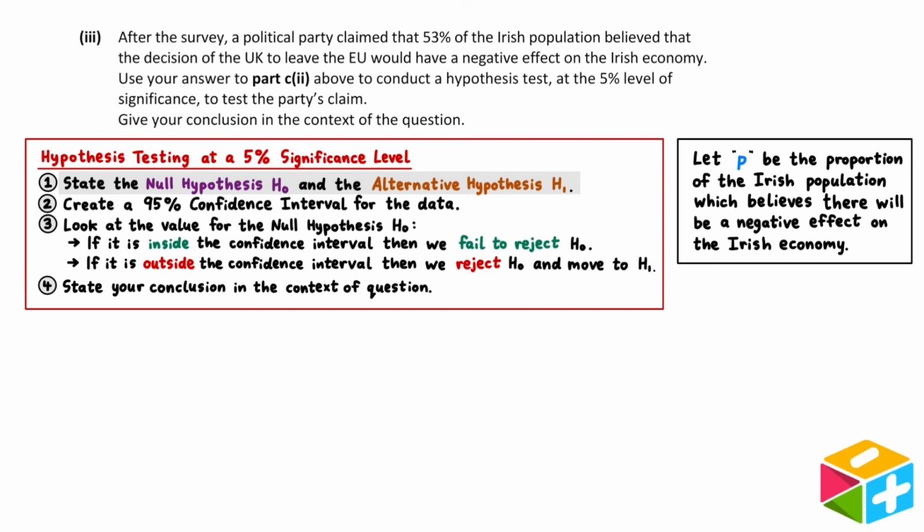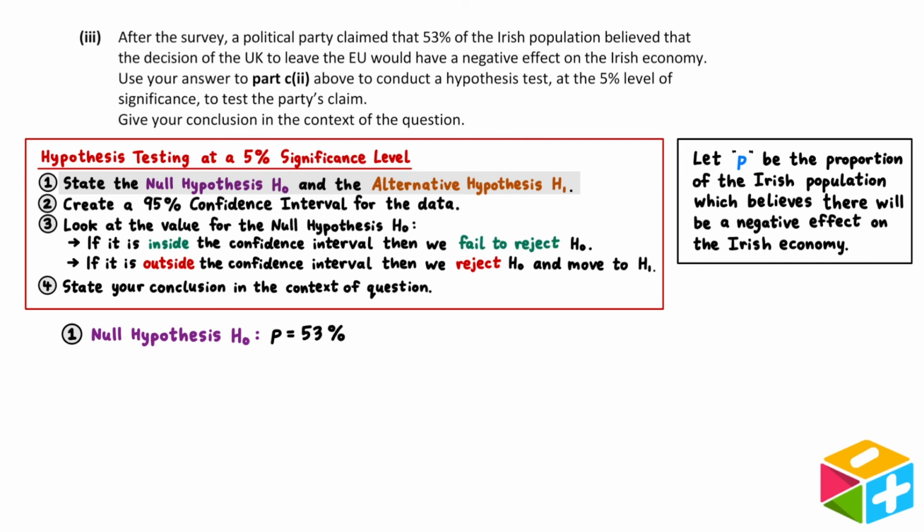Typically, the null hypothesis corresponds to the assumption or the claim that is being made. In our question, the political party is claiming that 53% of the population believe there will be a negative effect on the Irish economy. In other words, they're claiming that our proportion, P, is equal to 53%.